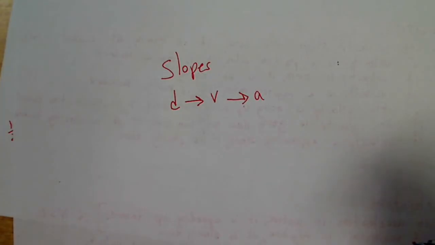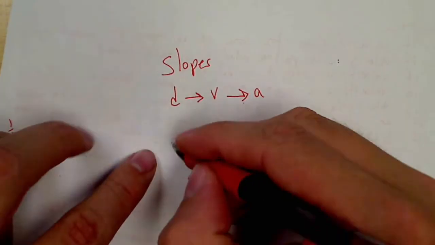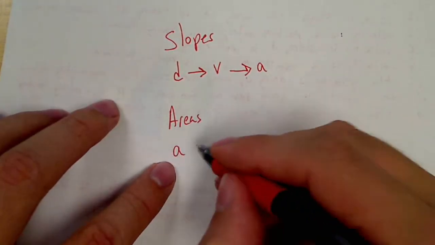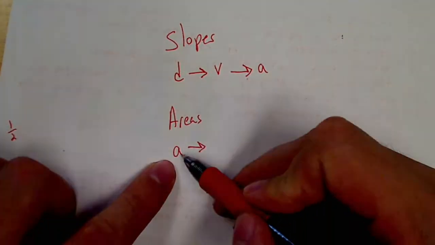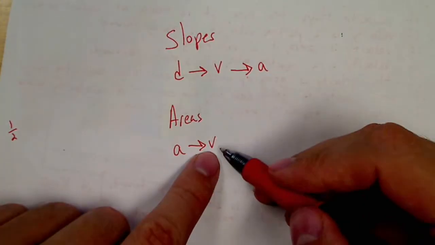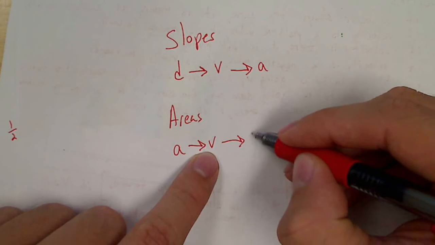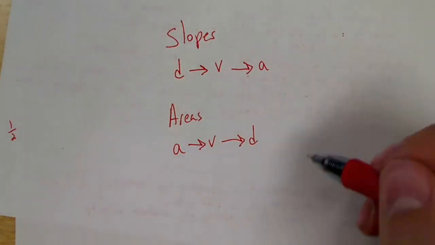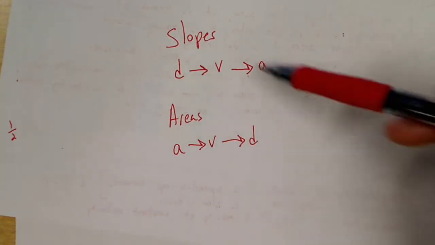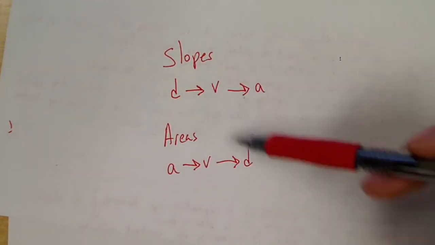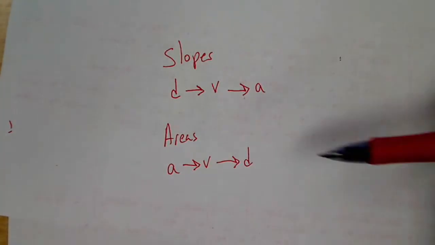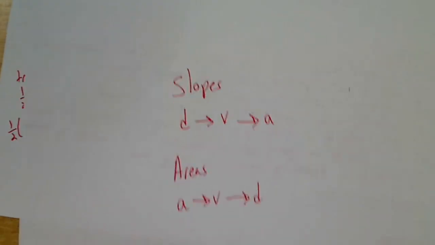That's why we don't find the slopes of acceleration graphs. Areas, if I have an acceleration graph, if I find the area under the line of an acceleration graph, it'll tell me a velocity. If I find the area of a velocity graph, it'll tell me a distance. There's nothing after that. That's why we don't find the areas of distance graphs. So this should help you label what they mean. So the slope of a distance graph is velocity, slope of velocity graph is acceleration, and vice versa for areas.